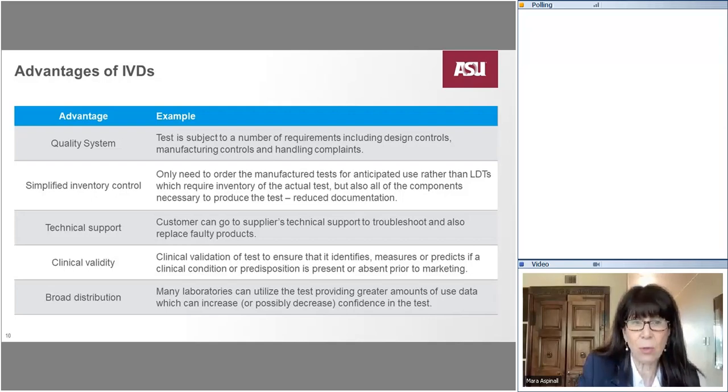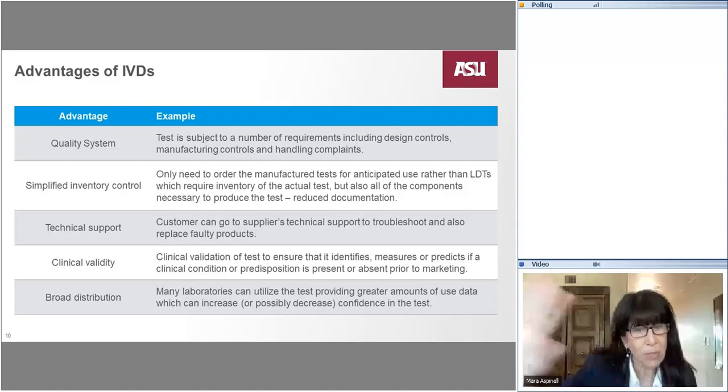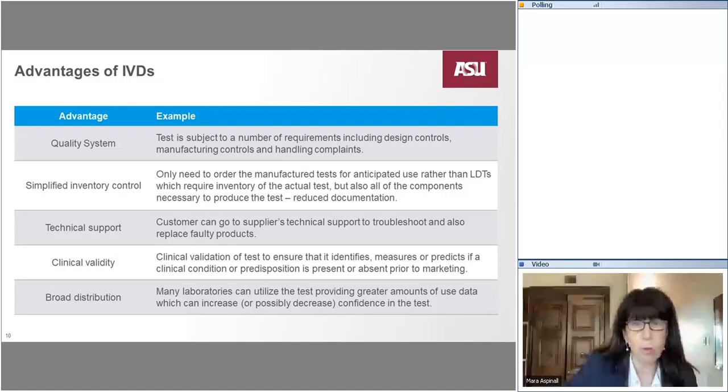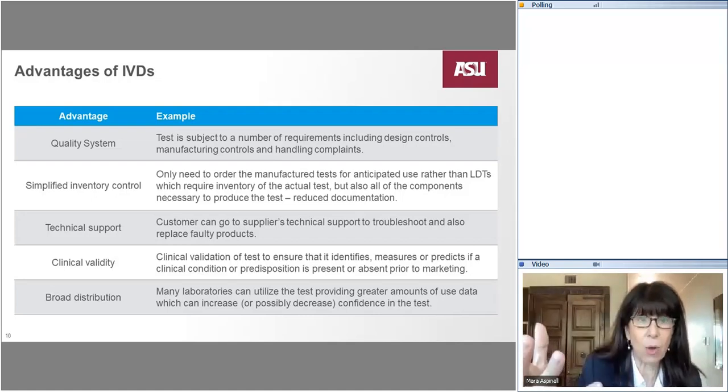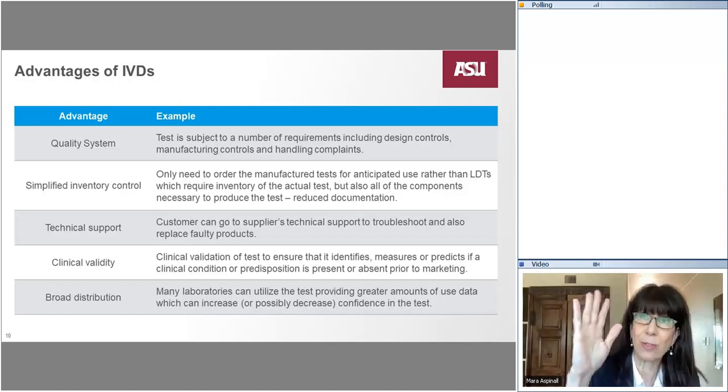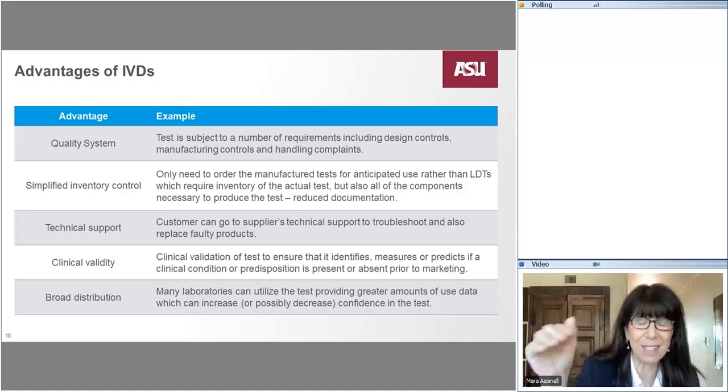Simplified inventory control for the laboratory itself. You only need to order what you need, as opposed to LDTs where you've got to order all the parts. It's sort of like buying a whole car as opposed to buying the pieces to create your own car.